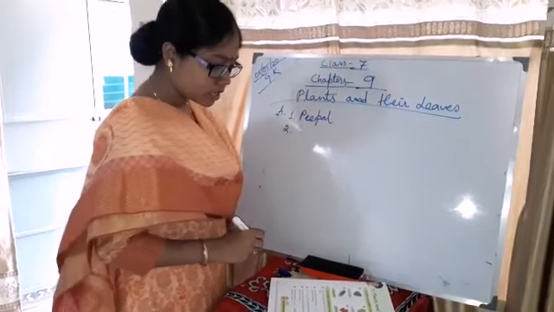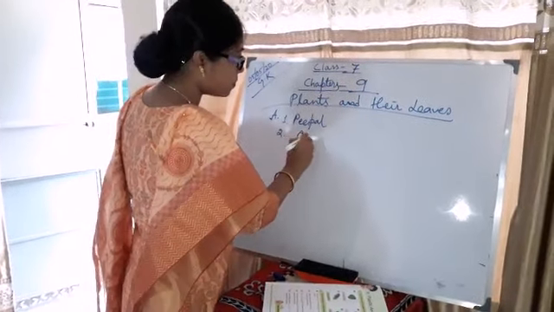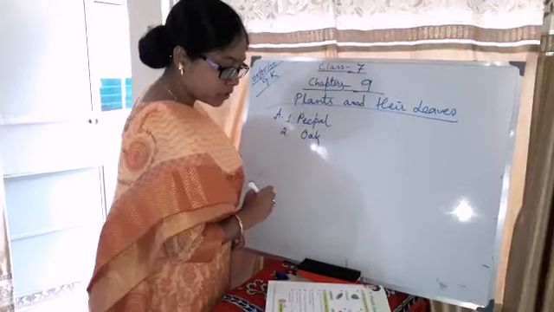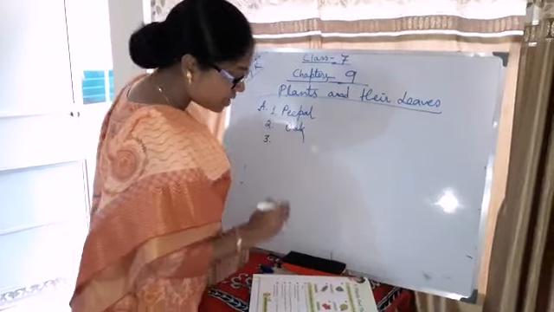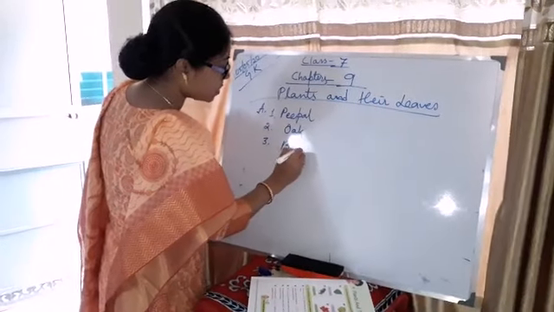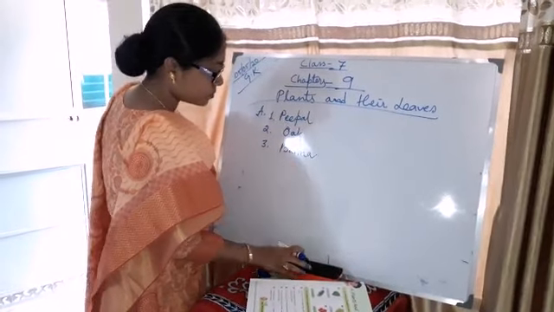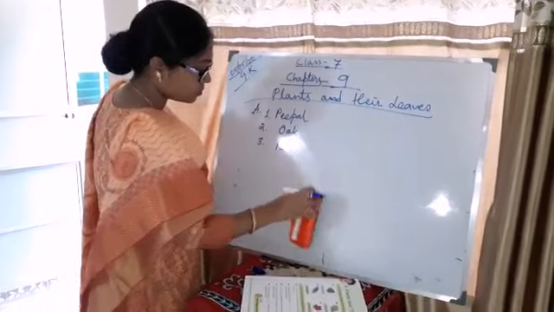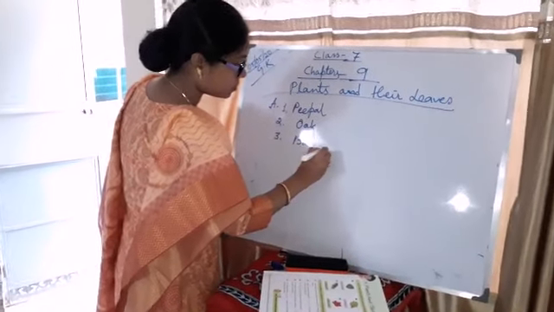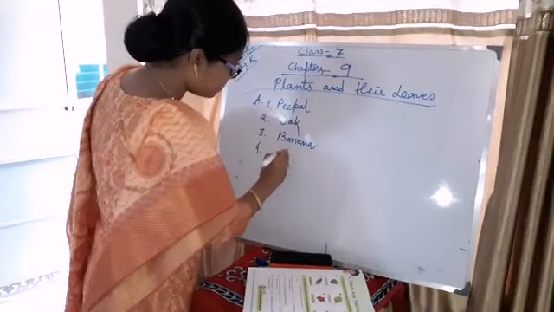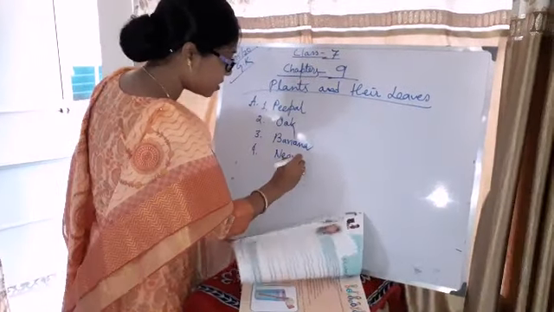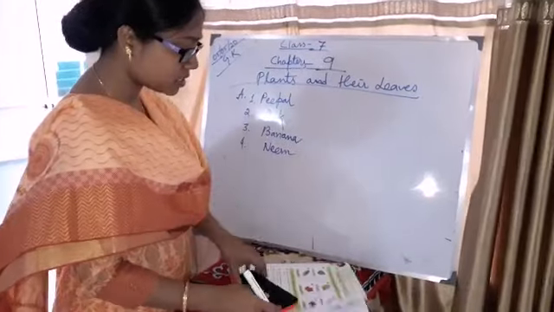Number 2 is oak. By the picture we can find out. Number 3 is banana tree. So the leaf is banana only. Banana. Number 4, it is neem. Neem tree is very common, here and there we can see.